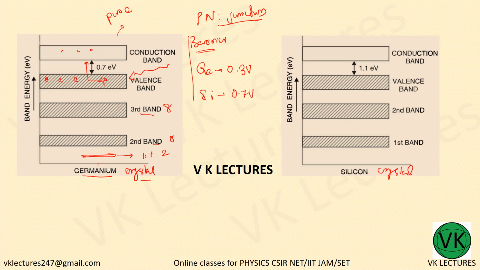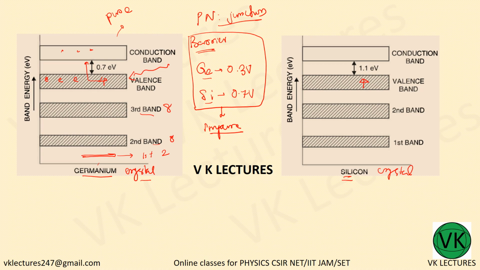This is the barrier voltage developed when you are constructing or building a germanium or silicon impure, or extrinsic, semiconductor diode.